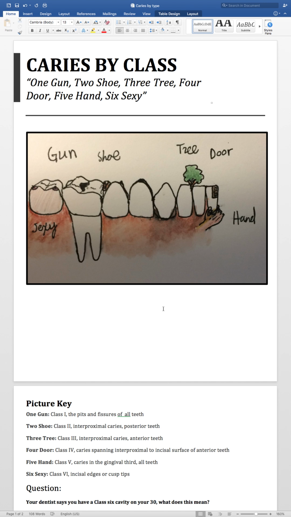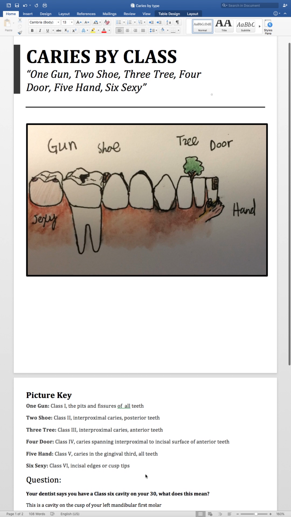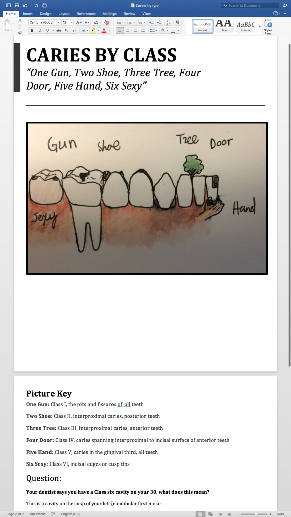Well, right away we know 6 is sexy, so we can picture where those caries are, that are cuspal or on the incisal surface. And we know number 30 is the first right mandibular molar. I think I put left there, but that's actually right. So this is the cavity on the cusp of your right mandibular first molar.